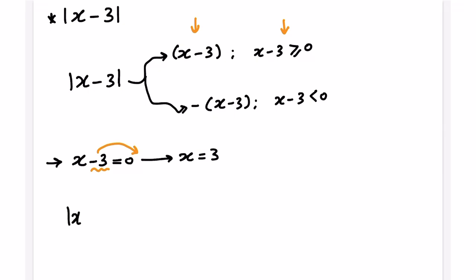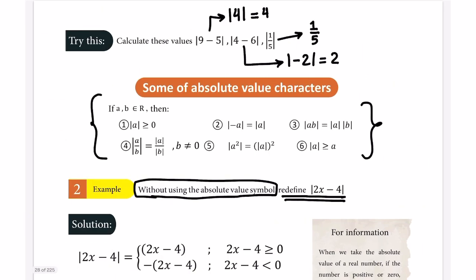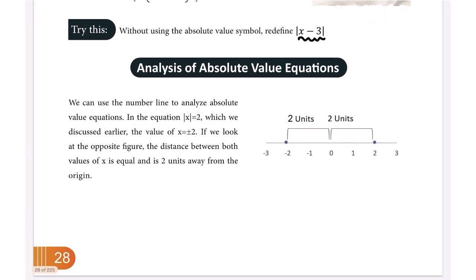Absolute value of x minus 3 in 2 ways. The first way will be x minus 3 and negative x minus 3, like that, where in the first place we got x bigger than or equal to 3. The second way, x less than 3. So what we did is the same procedure. That's how you redefine a question.